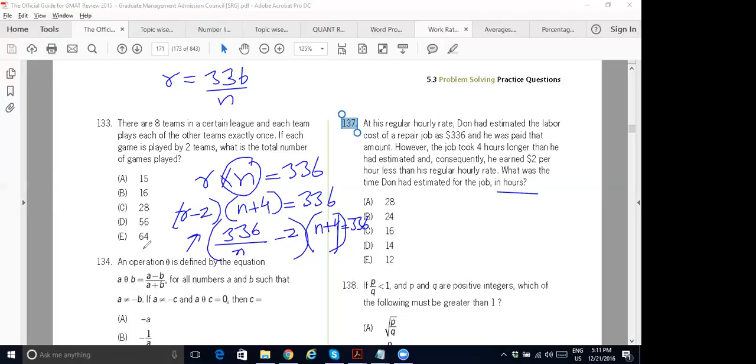You have to solve this quadratic. 336 by N into N is equal to 336, plus 4 into 336 by N minus 2N minus 8 is equal to 336.